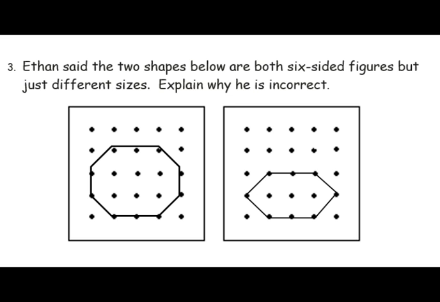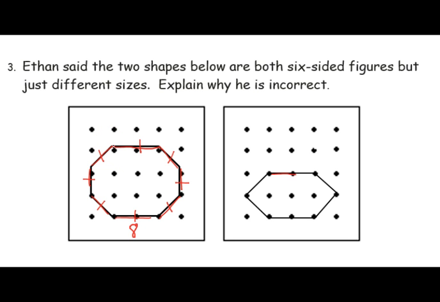So if we count the sides on the shape, we're going to count them carefully. So here's 1, 2, 3, 4, 5, 6, 7, 8. You're going to see that that first shape has 8 sides.